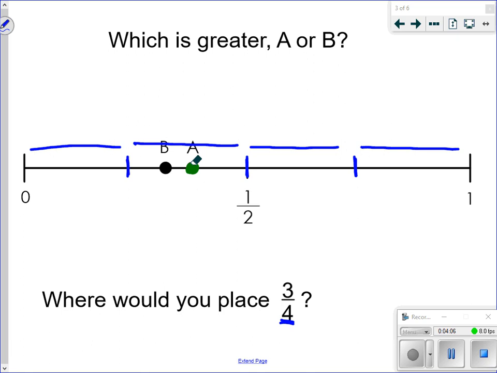So this would be 1 of those 4 equal parts. This would be 2 of those 4 equal parts, which simplifies to 1/2. 2/4 is the same thing as 1/2. This would be 3 of those 4 equal parts, and 1 is 4 of those 4 equal parts, which is the same thing as 1. So let's go back to where we would place 3/4. Well, right there.